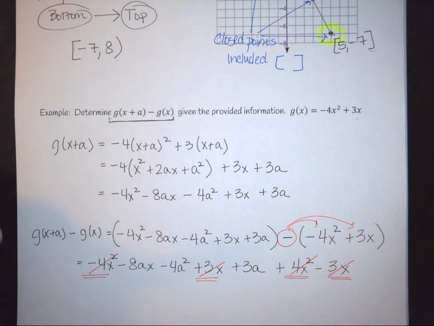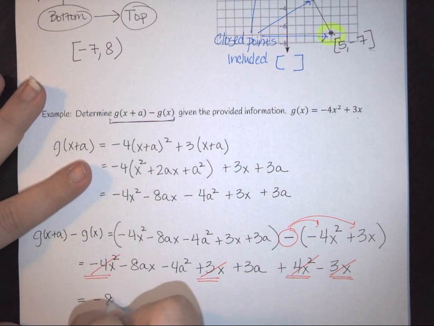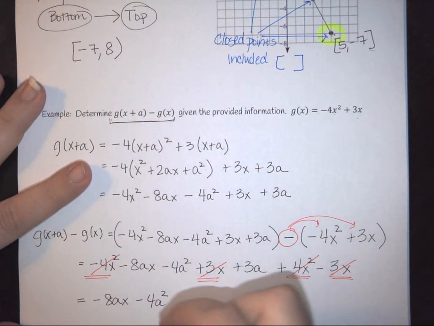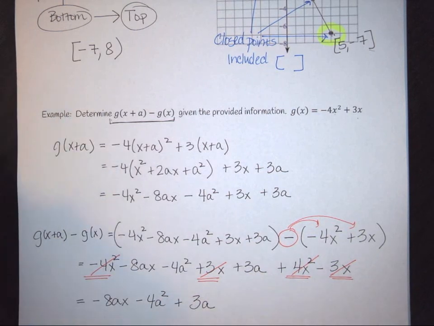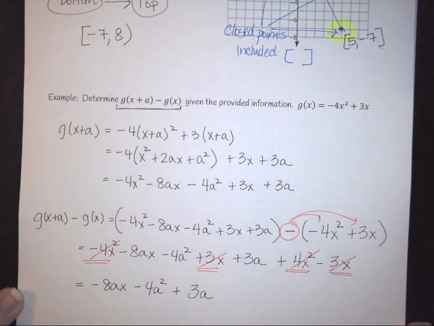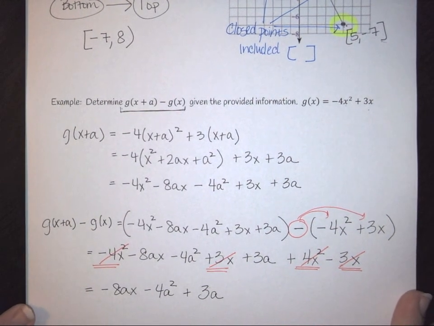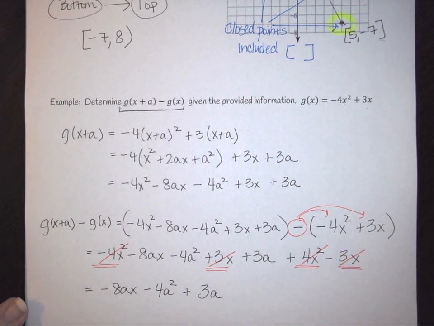Notice all of my straight x terms drop out and just leave behind the negative 8ax minus 4a squared plus 3a. So the reason why this problem is here is to prep you for doing what's called the difference quotient.